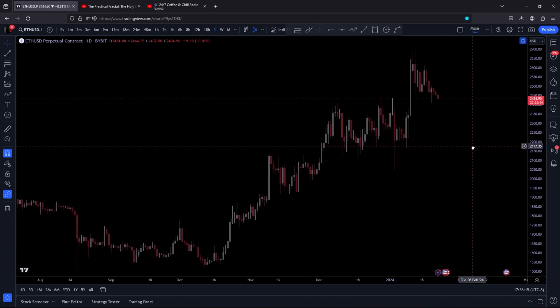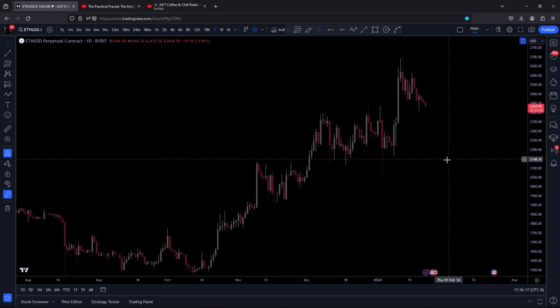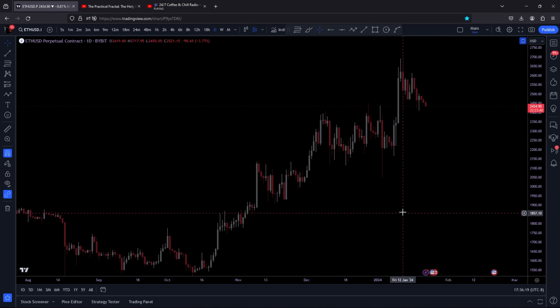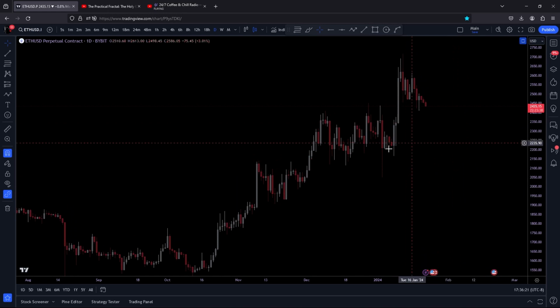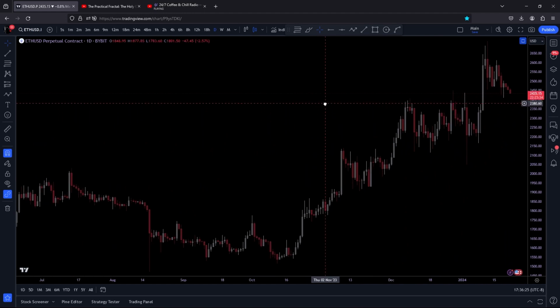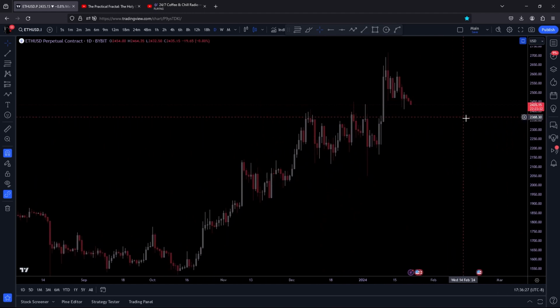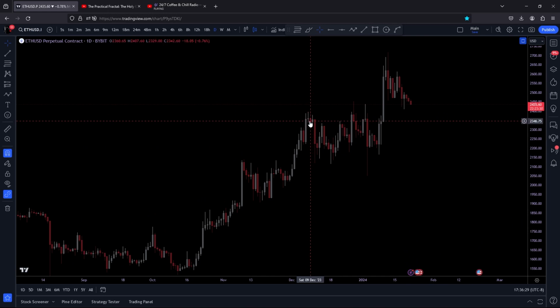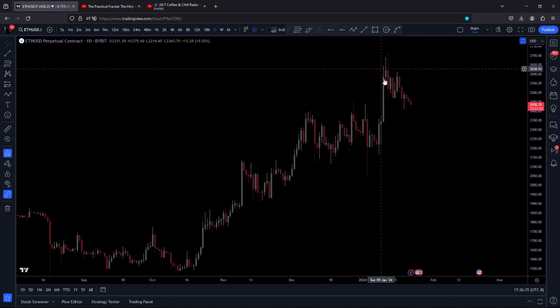So Gone had a 2-bar method, which basically meant that following a pivot point or a peak or a trough, you must have 2 bars that are negative. At least 2 bars. It could be 3, 4, 5 like this one, right?